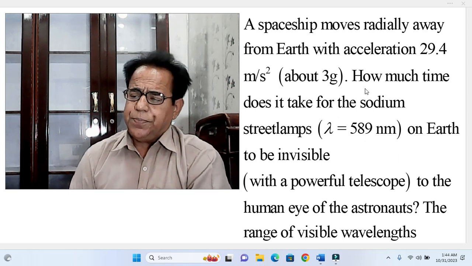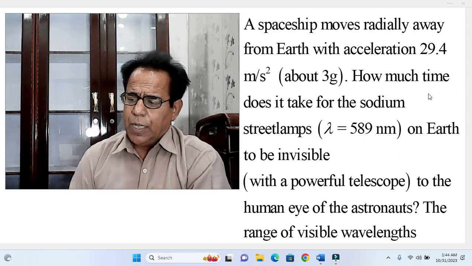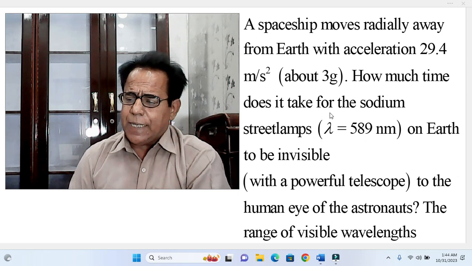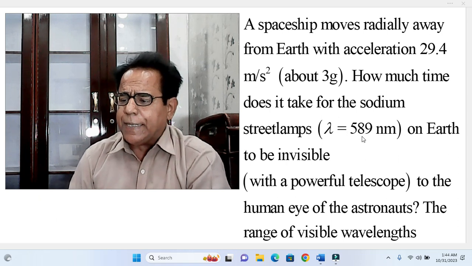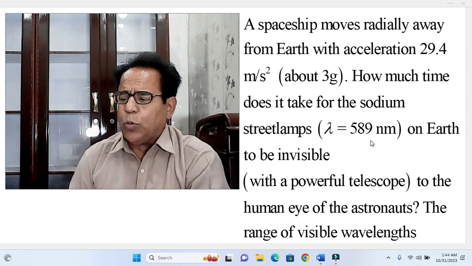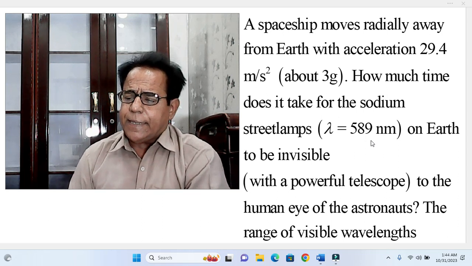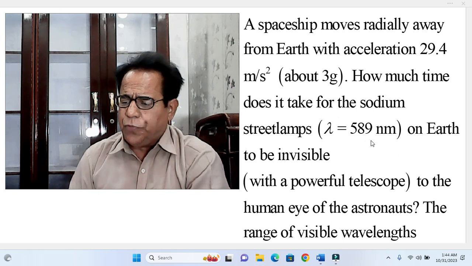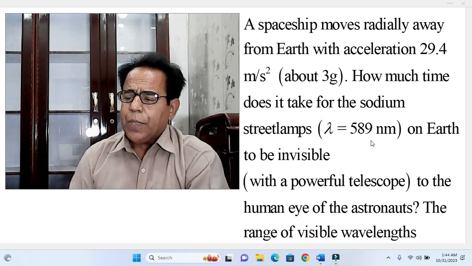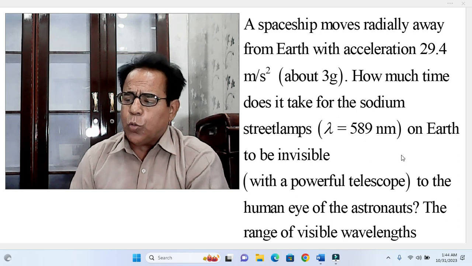How much time does it take for the sodium street lamp, lambda equal to 589 nanometer, nano standing for 10 to power minus 9, street lamps lambda equal to 589 nanometer on Earth to be visible with a powerful telescope?